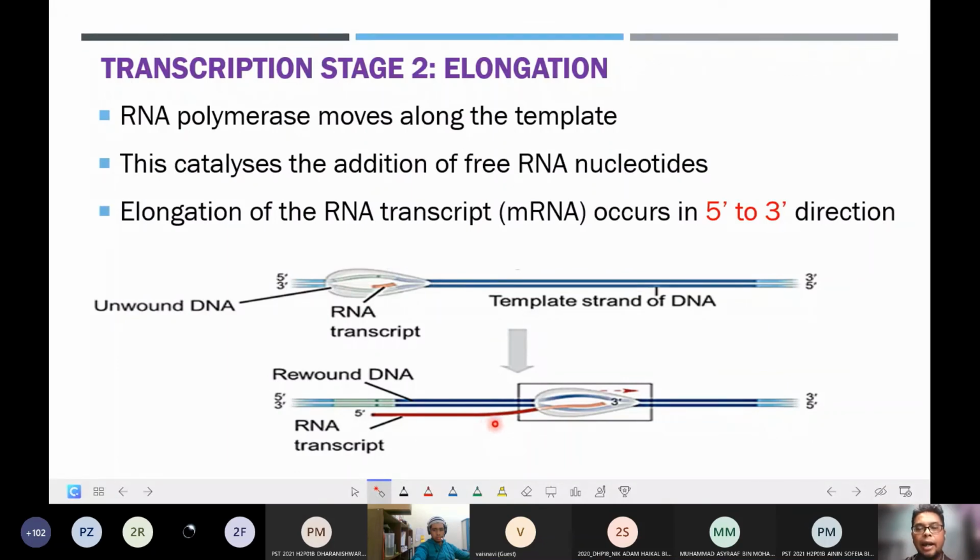As the RNA polymerase moves along the template, the RNA transcript will become longer and longer. That's why we say that this stage is known as elongation, and the elongation of the mRNA occurs in the direction of 5' to 3'.